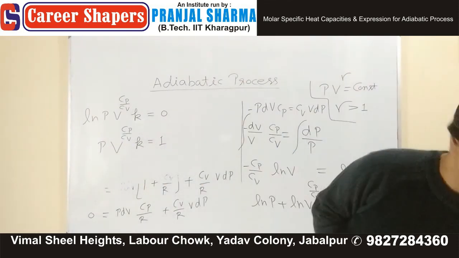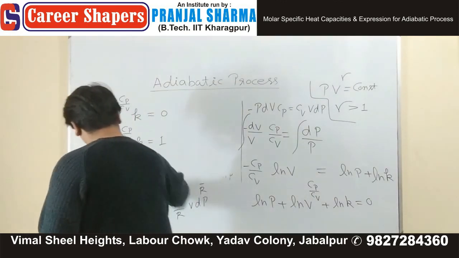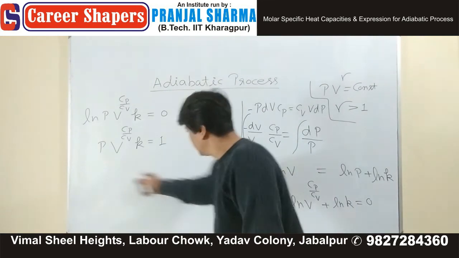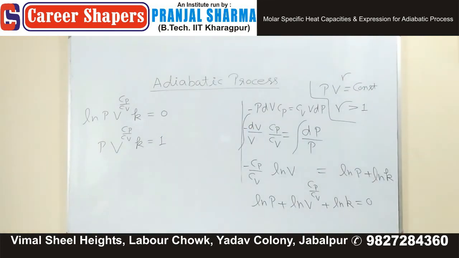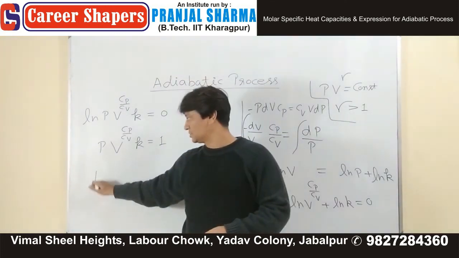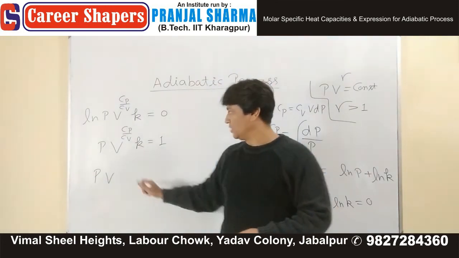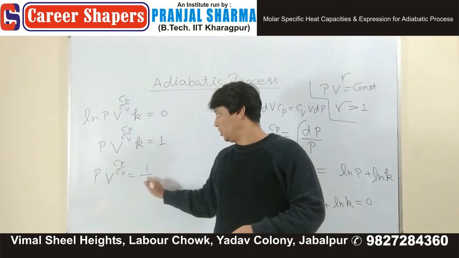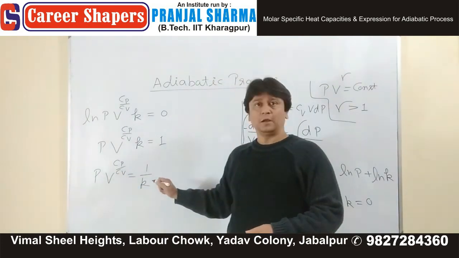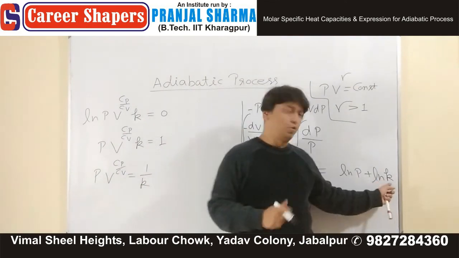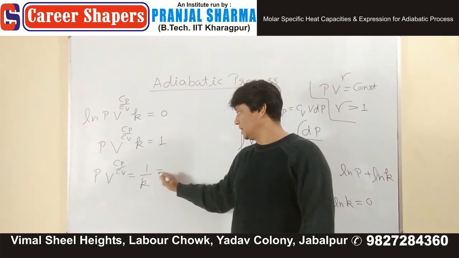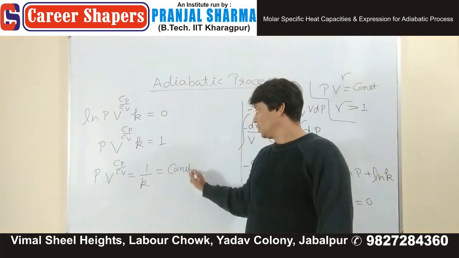If this number is 1, then it tells us, in the last 2 minutes, in fact 1 minute only, Cp upon Cv is 1 upon k. But what is 1 upon k? What is k? I told you that k is a constant. So if k is a constant, then 1 upon k is also what? Constant.